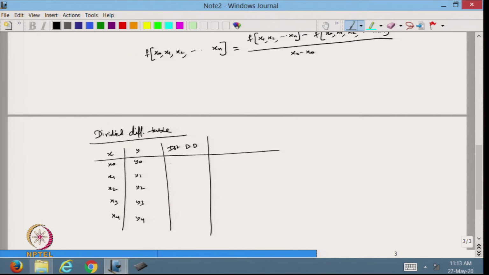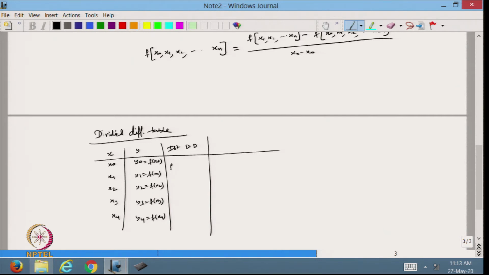So this is y1 minus, so I can write the expression instead of the formula. This is y0, the value at f(x0), this is f(x1), this is f(x2), because we know that these data points are given to us and that is based on some function.